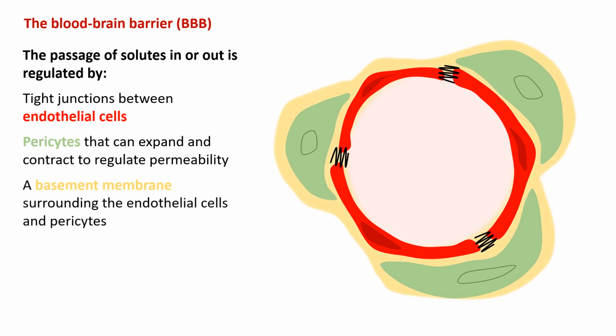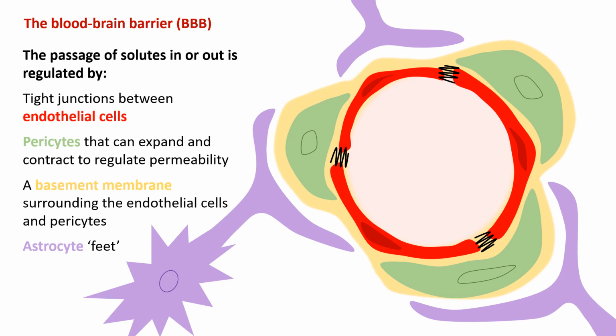And then, of course, we've got endothelial cells, so we have a basement membrane. The basement membrane surrounds the endothelial cells on the inside, on the central nervous system side, and the pericytes. In addition, we talked about astrocytes before.